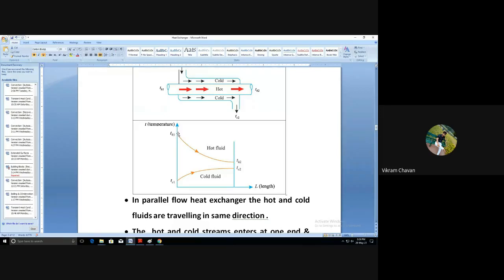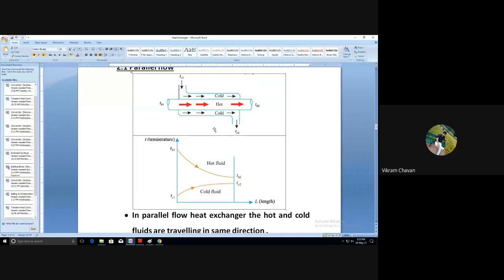As it flows inside the heat exchanger, it exchanges heat with the cold fluid, so its temperature decreases over the length and we get a lower temperature at the outlet. TH2 is lower than TH1.